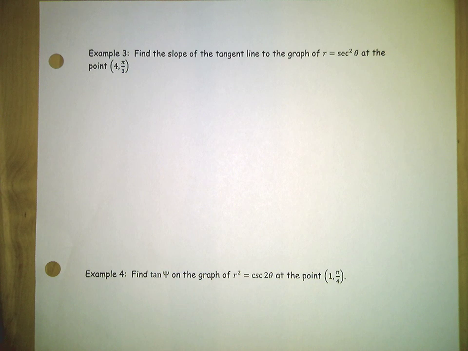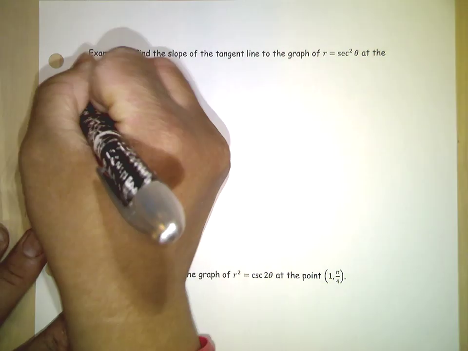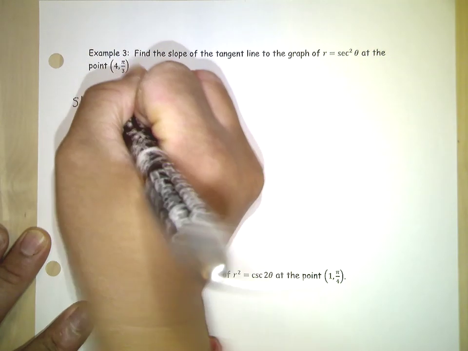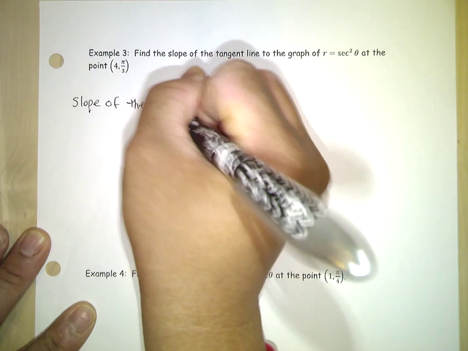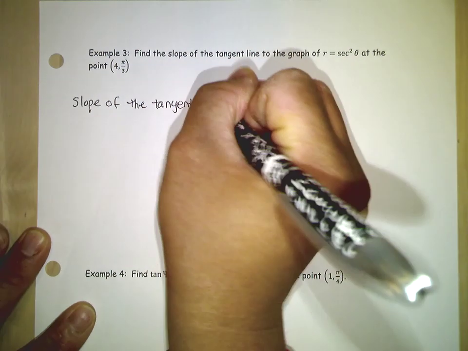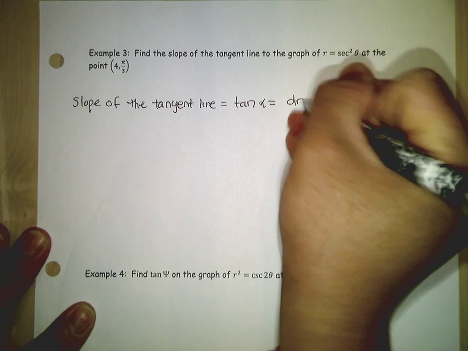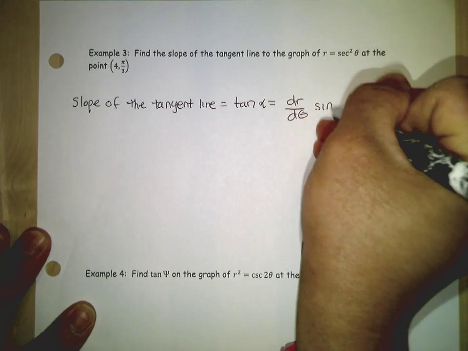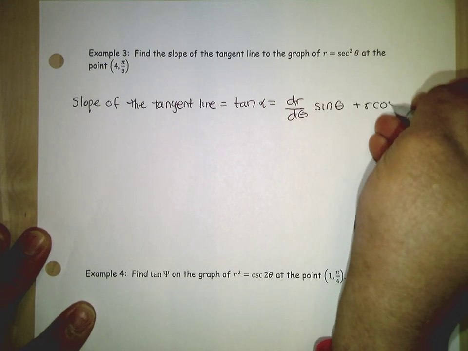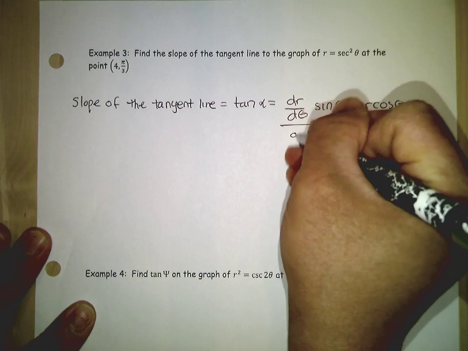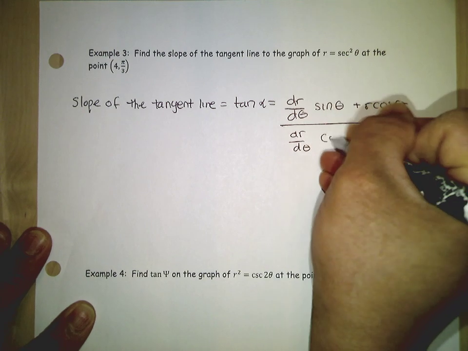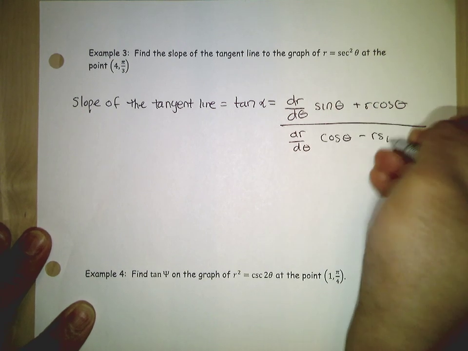All right, so we know that the slope of the tangent line is tangent of alpha, so that was dr d theta sine theta plus r cosine of theta all over dr d theta cosine of theta minus r sine of theta.